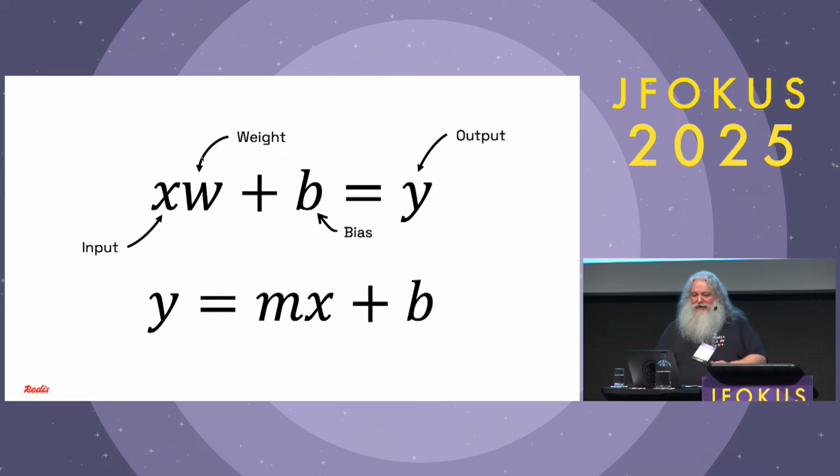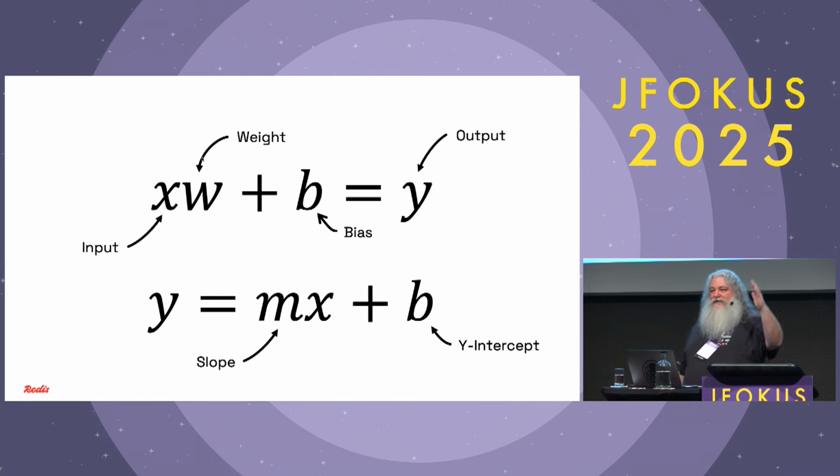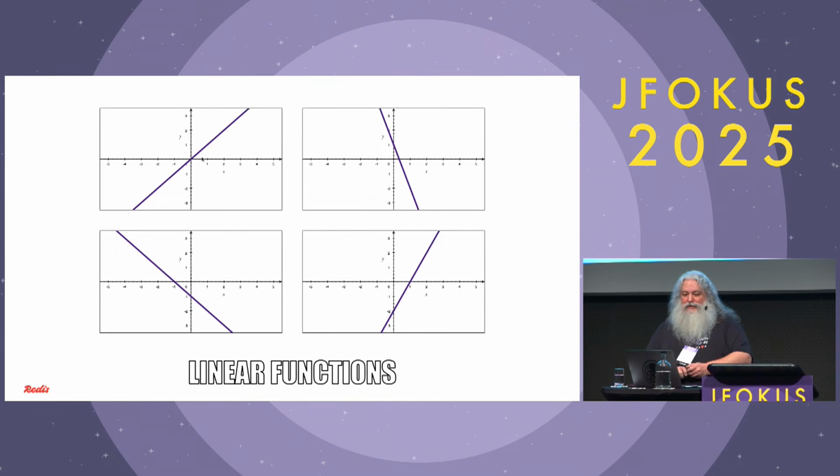Here m is the slope of the line, so this draws a line, and it's determining the angle of that line. And then the bias is sliding it back and forth across the y-intercept. So this lets you create lines that can move all over the place and are useful for models. And so you get lots of linear functions. Now there's a limitation with this, which is that if you take a linear function and hand it to a linear function, and hand it to a linear function, you're going to get lines, right?